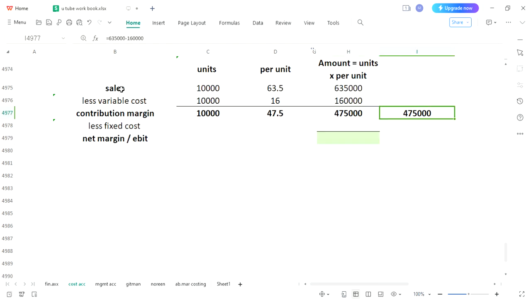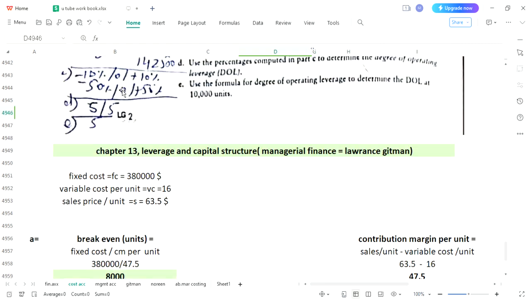These are the same. You have two options. You can calculate contribution margin by multiplying units into per unit, or simply variable cost would be subtracted from sales. Both are good. Since one method is enough, this 4,75,000 is unnecessary to be written over here. We can erase them.